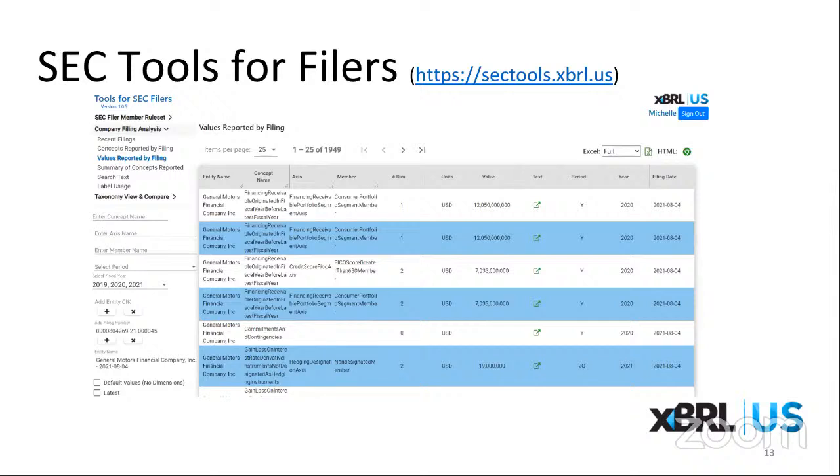We use that a lot for some of the algorithms we have to normalize the data. So you really need to use what they've defined in the calculation relationships, and you can pull that through the API as well. We didn't show it today, but if you download the Excel, you can navigate all the information that they've provided to the SEC, and you can pull that data back through the API.